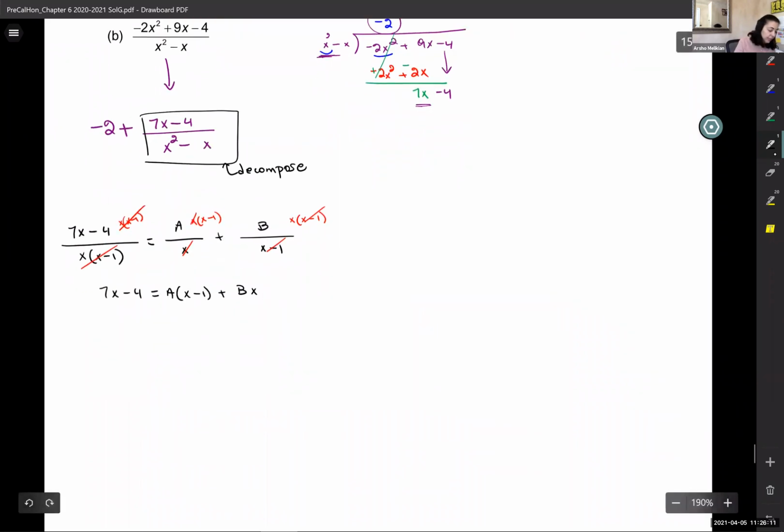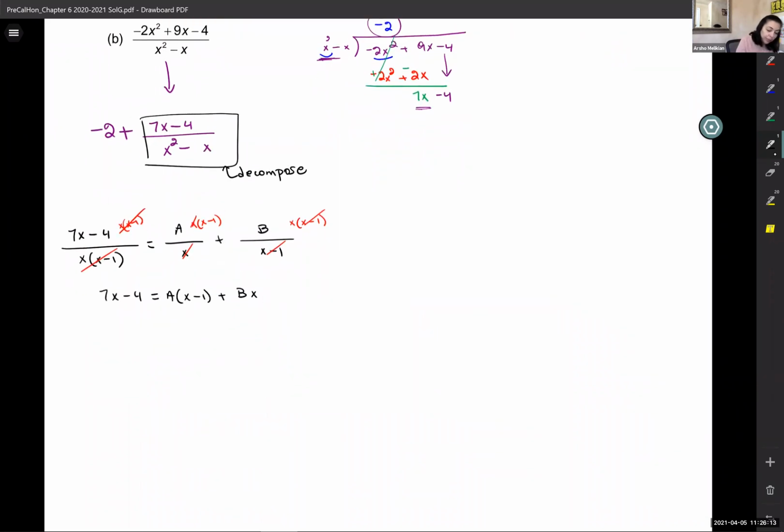Okay, next. What do we plug in? Well, first I'm going to plug in x equals 1. And I get 7 minus 4 equal to A times 0 plus B. So B is 3.